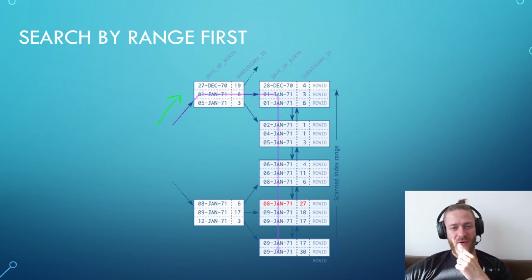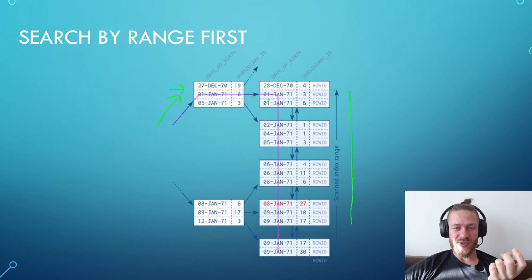The B-tree will find the minimum of the range, and it will start traversing the linked list nodes to find the range of the query. So for example, if we search for January 1st until January 9th, it will need to search all of these values here.